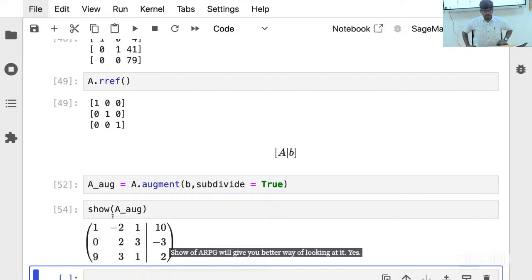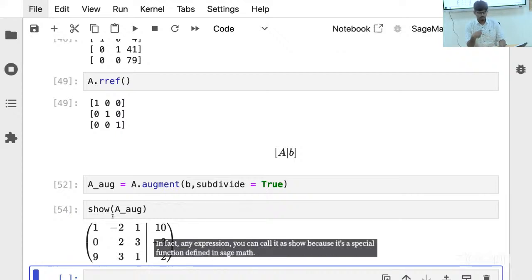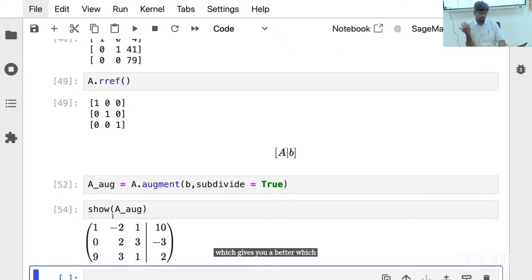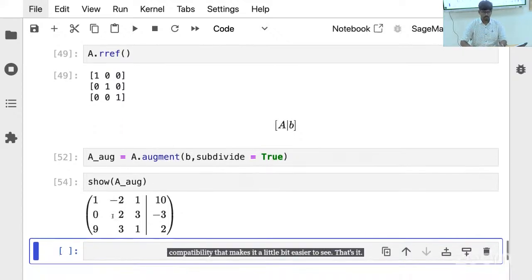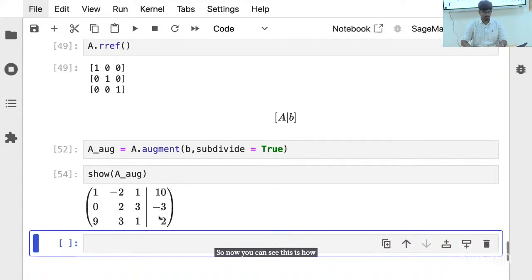On any matrix, actually, you can call this. In fact, any expression you can call show on, because it's a special function defined in SageMath, which has LaTeX compatibility that makes it a little bit easier to see. That's it. So now you can see this is how we look at the augmented matrix.